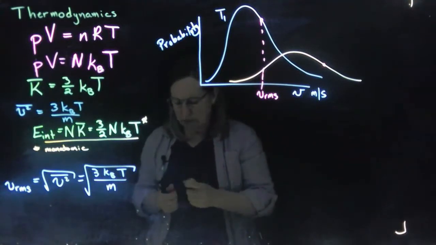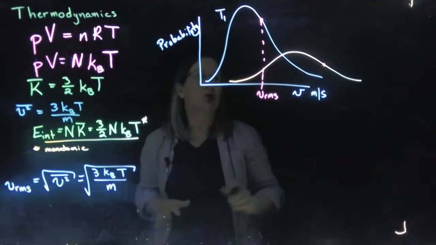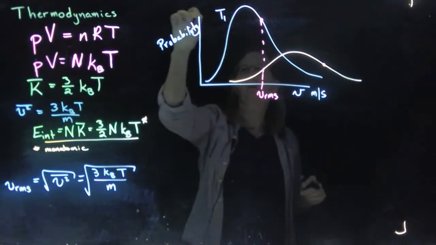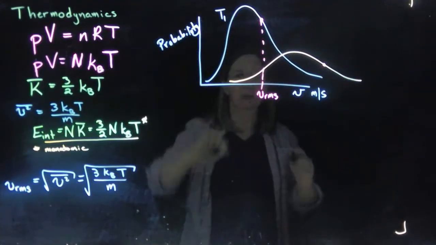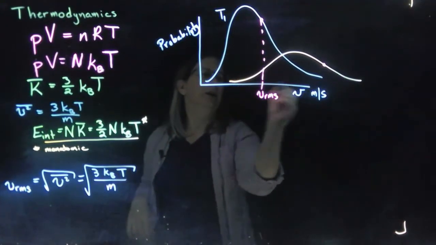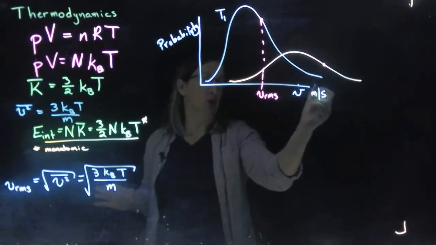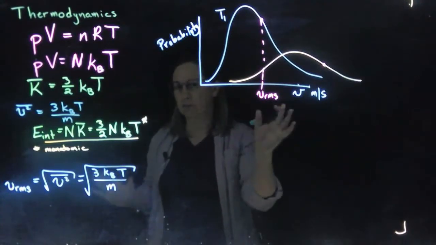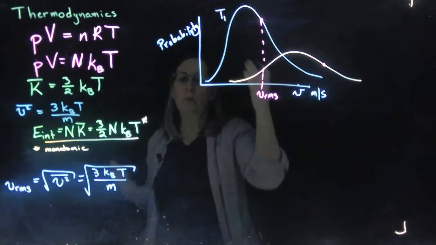And what this probability distribution says is, well, at VRMS, we're fairly likely to have this speed versus a speed that's twice as high, if this is really to scale, or half this speed, okay? But it's still possible.